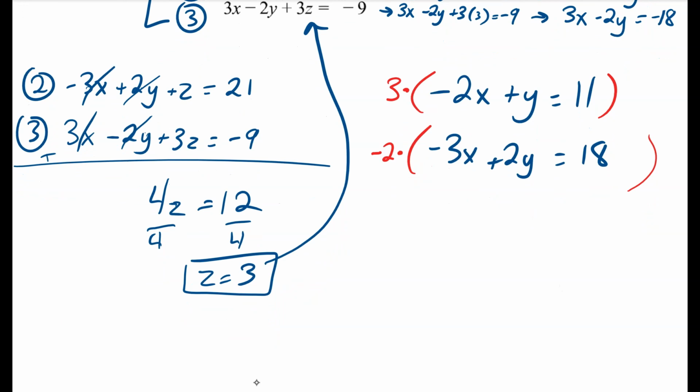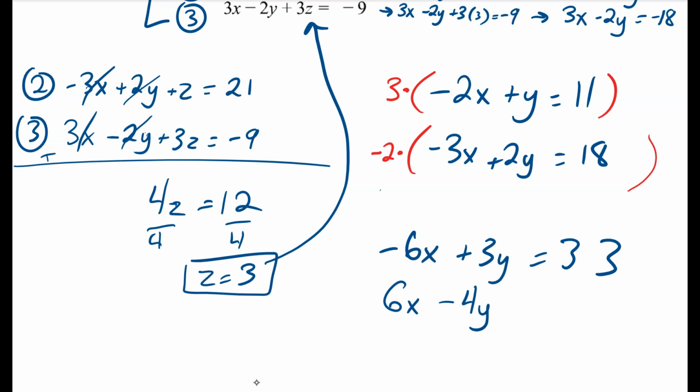So when I distribute that out, my first equation is negative 6x plus 3y equals 33. And my second equation: a negative times a negative, remember, is positive. Negative 2 times 2y is negative 4y. And negative 2 times 18 is negative 36.